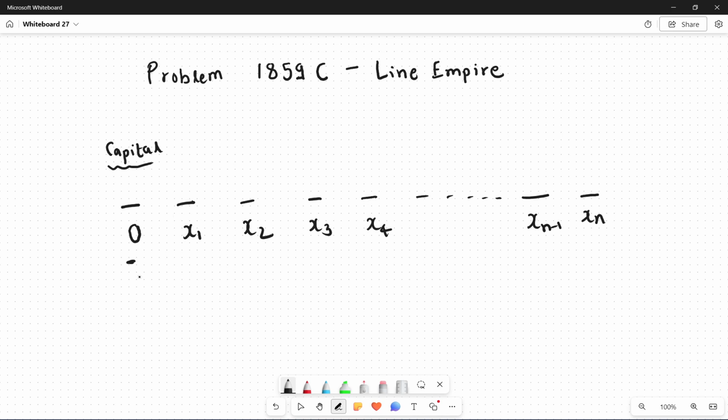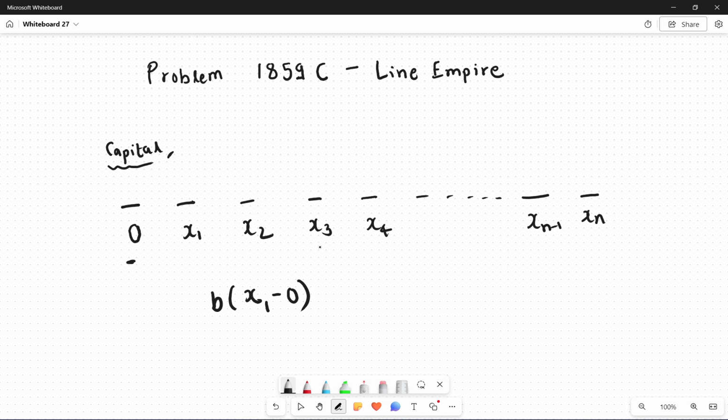And there's a cost involved to conquer a kingdom. That cost is b times the distance from your capital. Suppose your capital is at 0, so the cost involved is b into x1 minus 0. And one more thing, you can shift your capital.